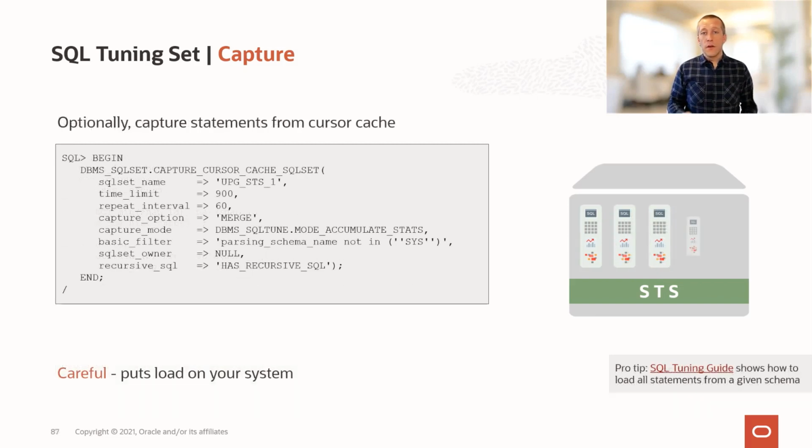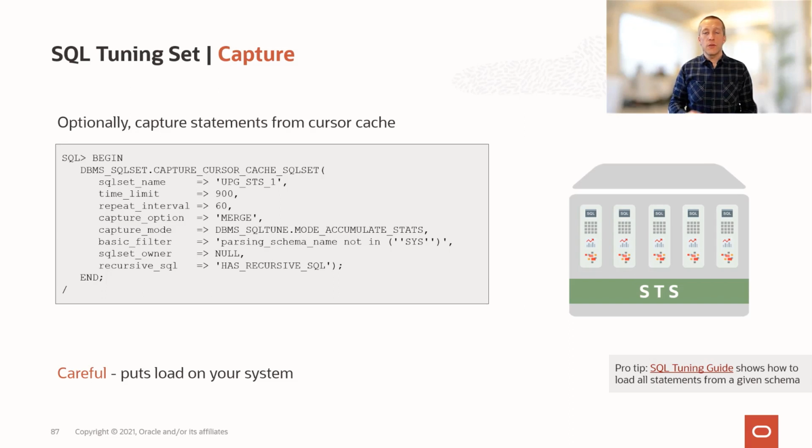In addition, and very important in OLTP systems, you have a lot of small statements that never make it into the AWR, but they might be very critical to your system. So in order to capture those statements, we can be polling or sampling the cursor cache.